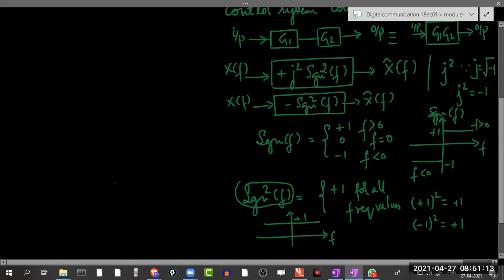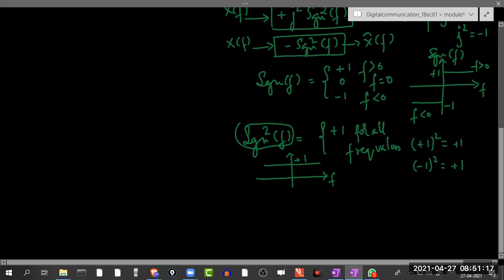So we can replace this signum squared with just, what is signum squared amplitude value? +1. So here negative into positive will again give a negative value itself.